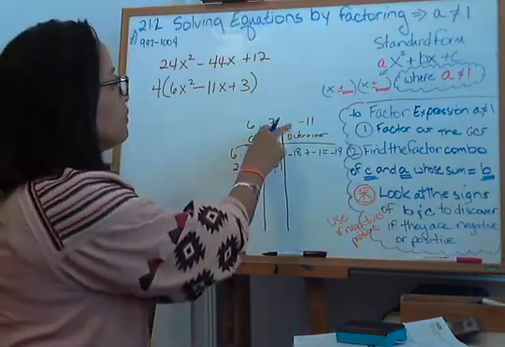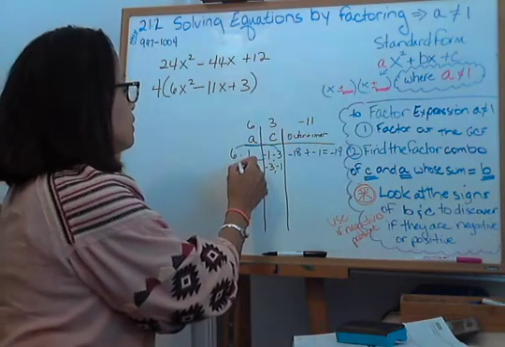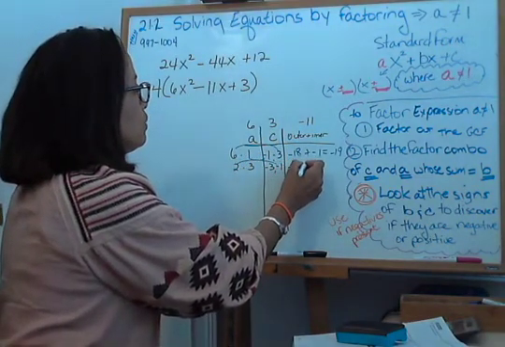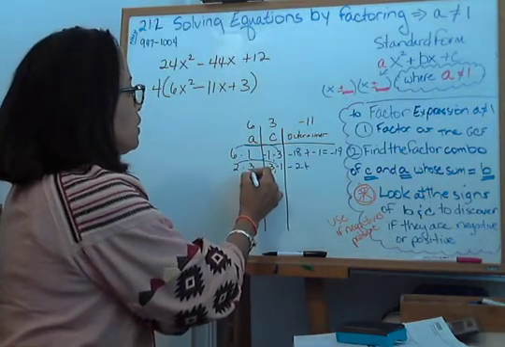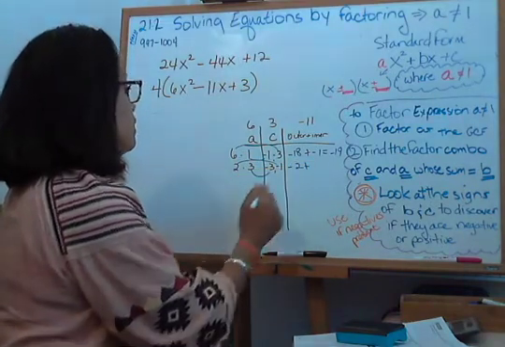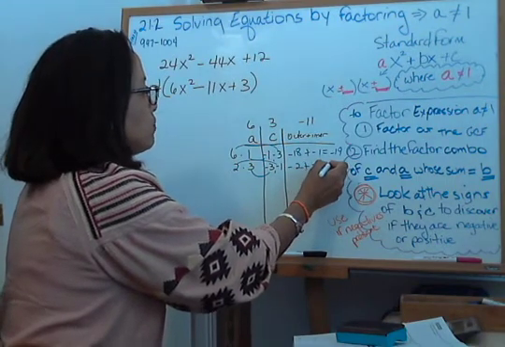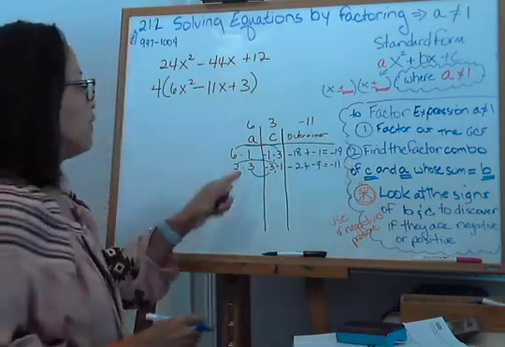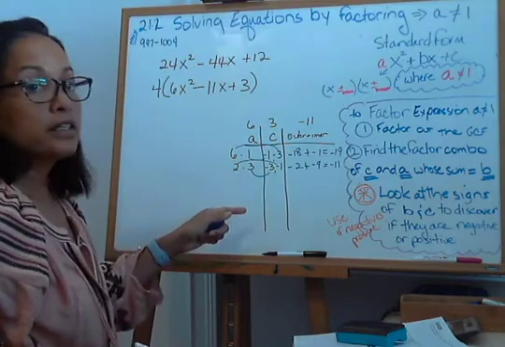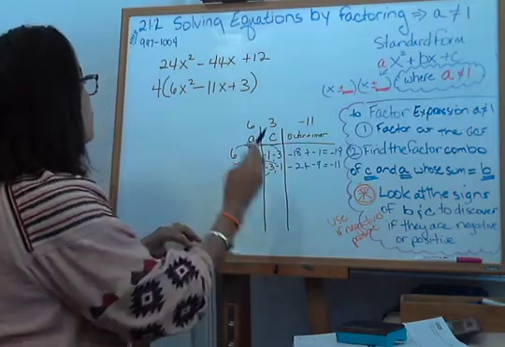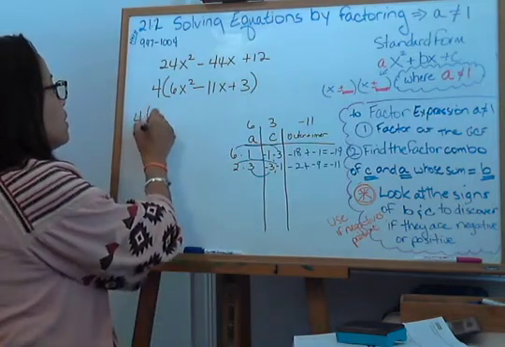I want negative 11, so let's try this. 2 times negative 1 is going to give me negative 2 plus 3 times negative 3, which is going to give me negative 9. That gives me negative 11. Well, that's what I want. I don't even need to continue. I know exactly what my factors are. Don't forget your 4.